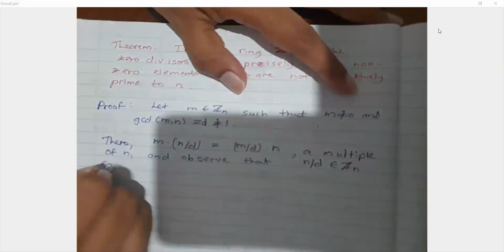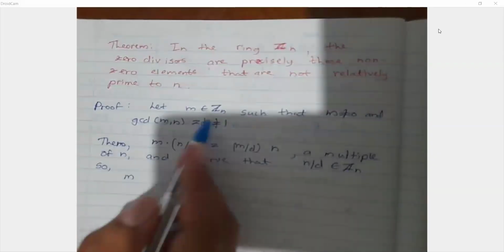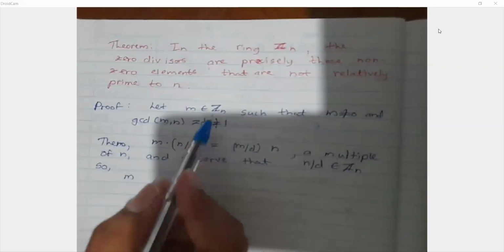So when you take the product of m and n over d in Zn, that means you take multiplication modulo n.